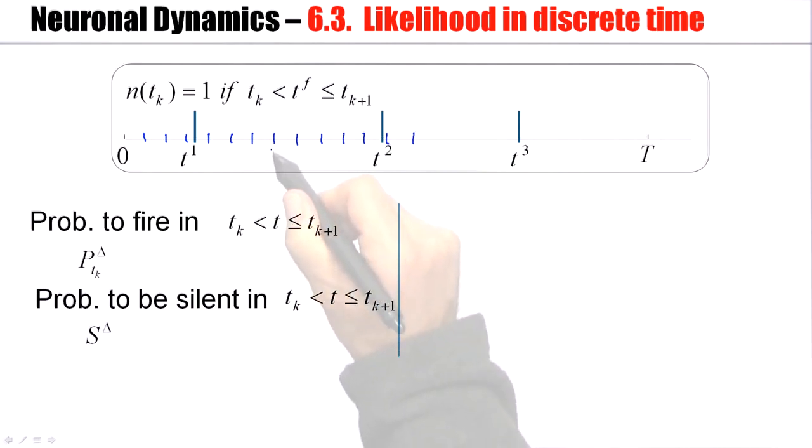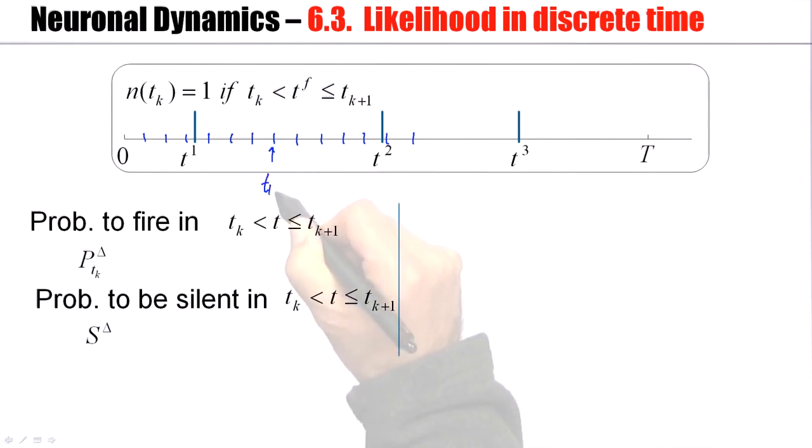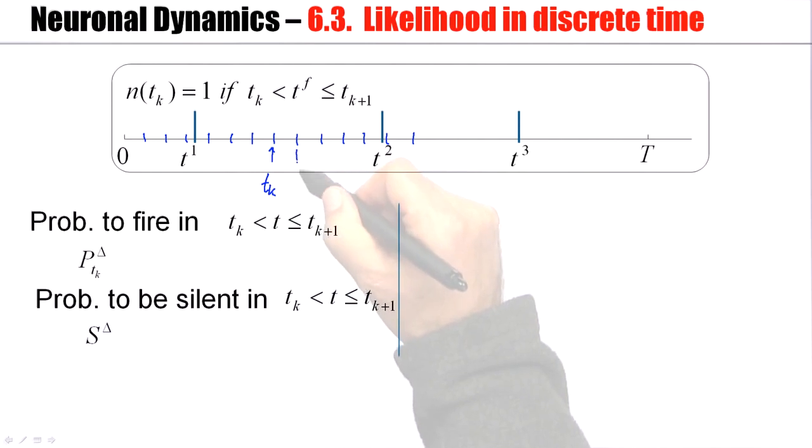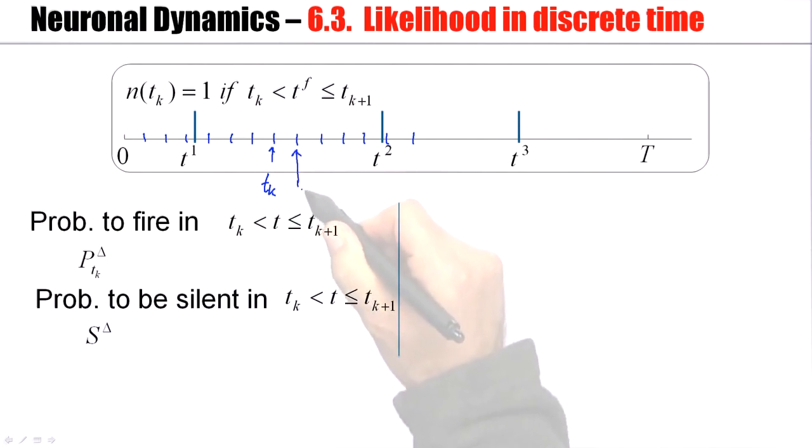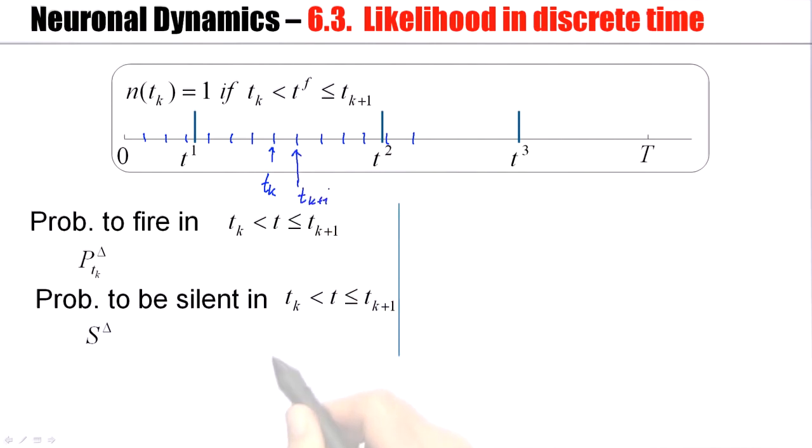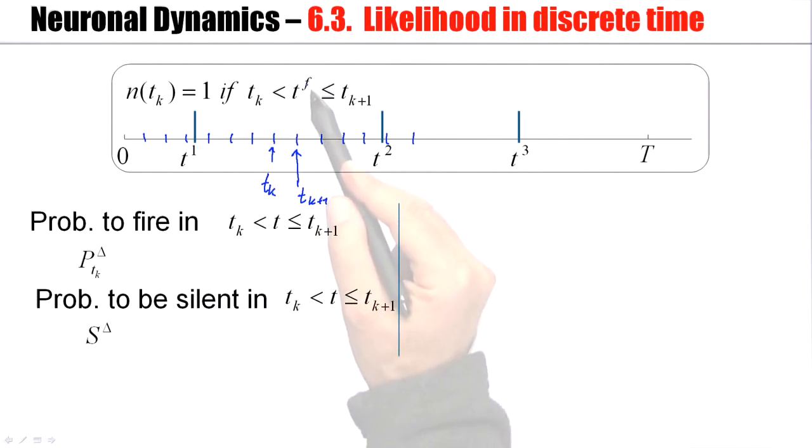Let's look at this time bin at this moment of time here. I call this tk. Now let's look at this moment here. This would be tk plus 1. The lower index k is an index of the time bin. The upper index f is an index for the firing times.